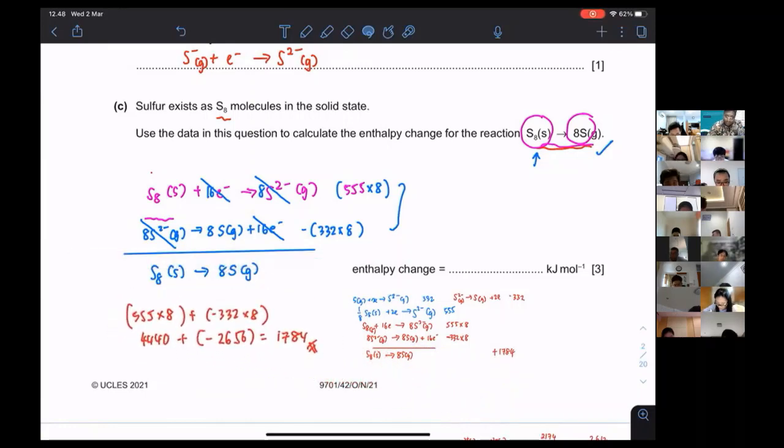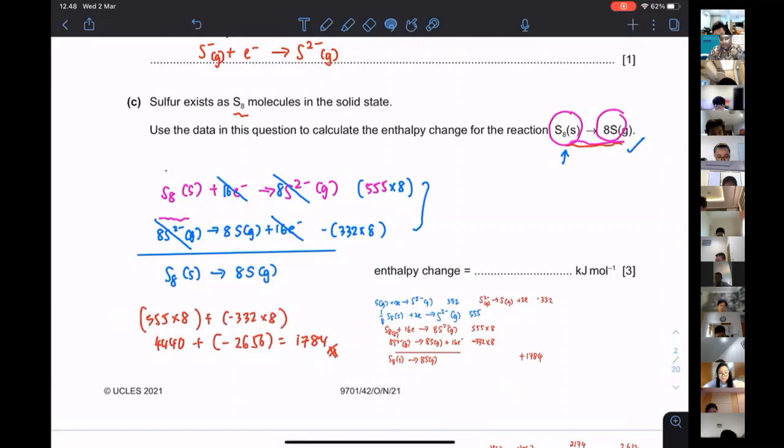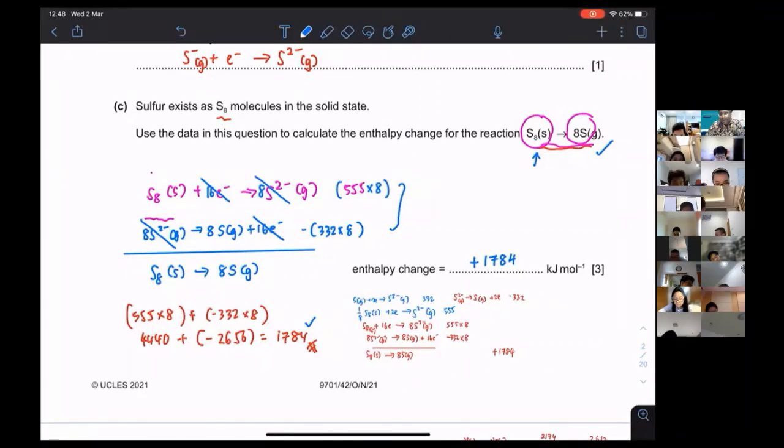So you just need to have 555 times 8, plus negative 332 times 8. If you calculate, you will get this value 1784. So you just need to put positive 1784. Make sure you put positive. So that is going to be the answer for this question.